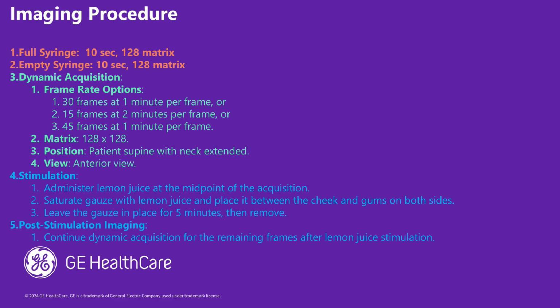First is the full syringe, normally taken for 10 seconds and 128 matrix, followed by injection to the patient, and then empty syringe for the same acquisition time and matrix.